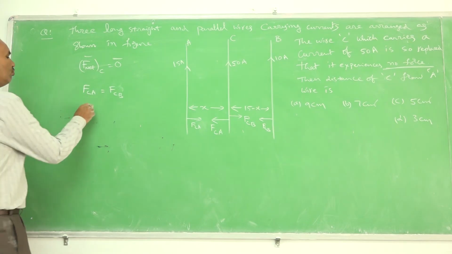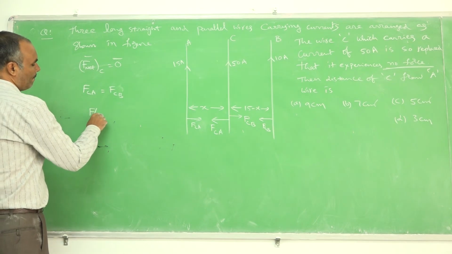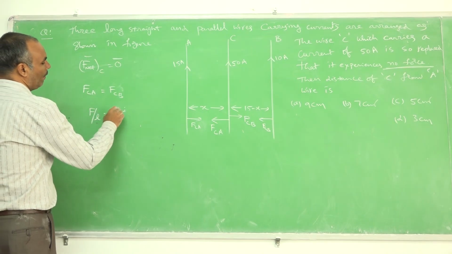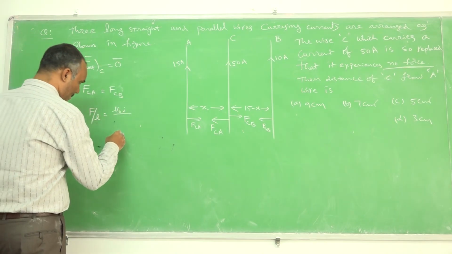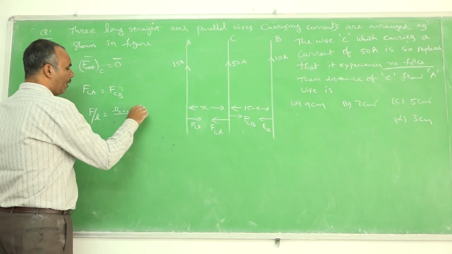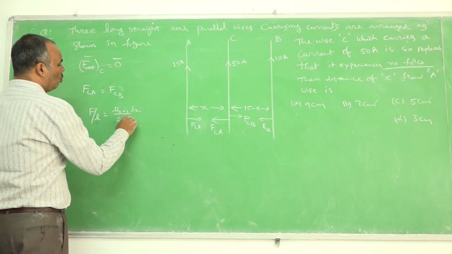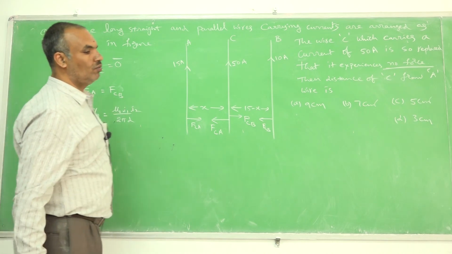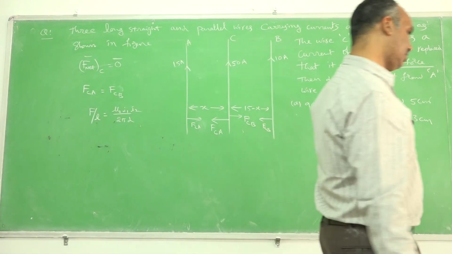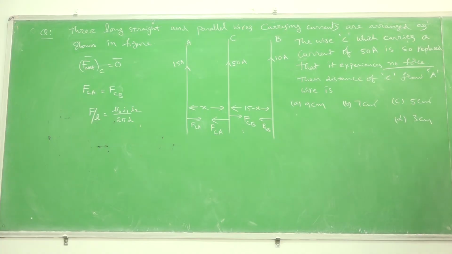Here is the formula: force per unit length is equal to mu naught I1 I2 by 2 pi d, between parallel conductors carrying current. Already we discussed this.